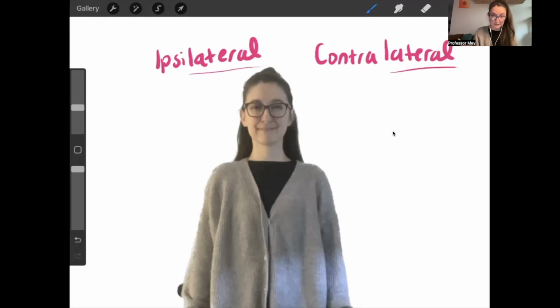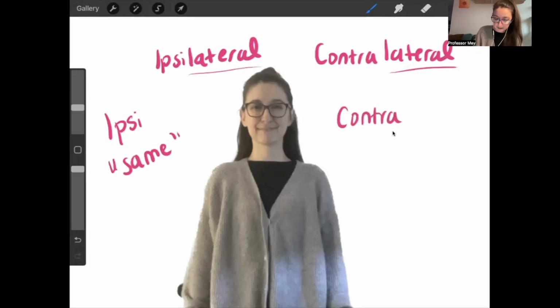To be ipsilateral means that you are on the same side of the body. Ipsi sounds like same. Yeah, ipsi, same. Contra means you're contradicting yourself, right? So contradicting means you're on opposite sides of something. So contralateral means that you are on the opposite side of the body.